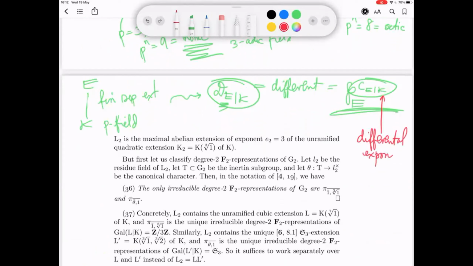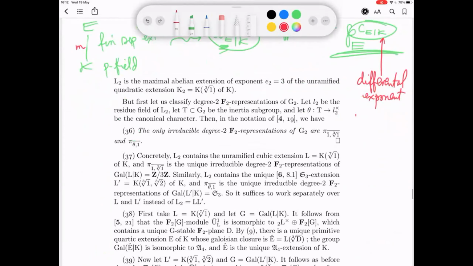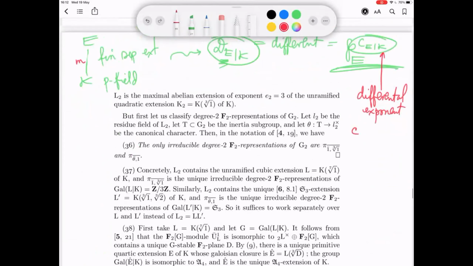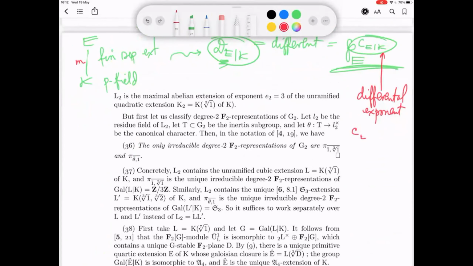But if the degree is, let's say, m, then I can look at c_{E/K} minus (m minus 1). This can be called the differential excess.